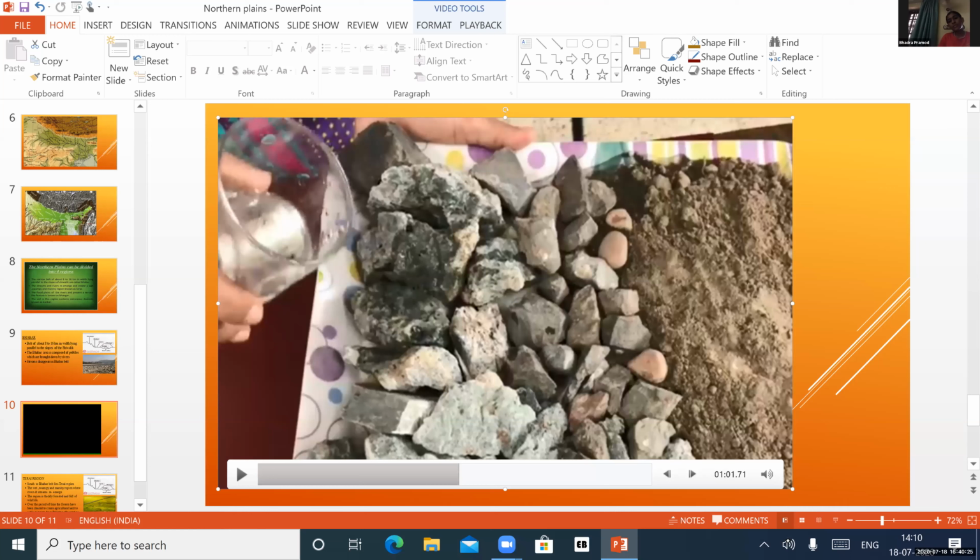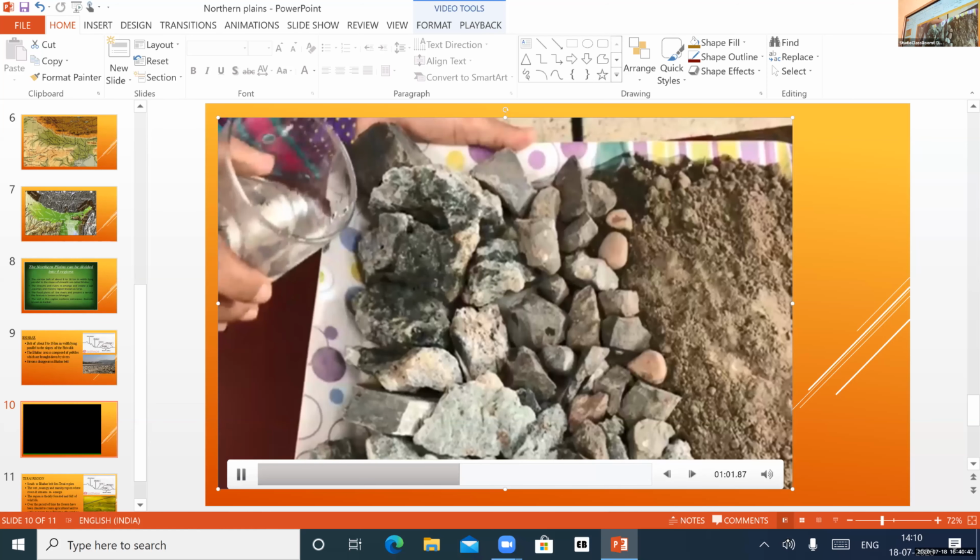Yes, ma'am. No, it's not seen, ma'am. Here the river started from the mountains and water is flowing through this way. When the river reaches over here, the Babar Belt, we cannot see the flowing rivers because of the pebbles.